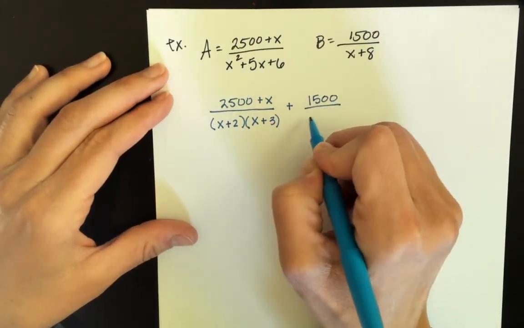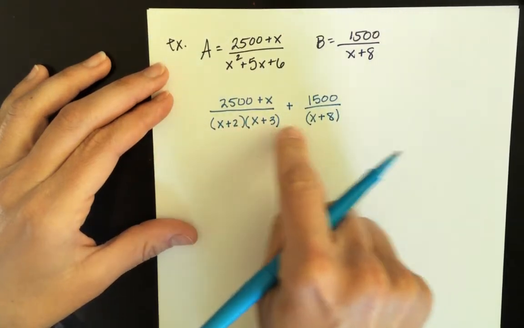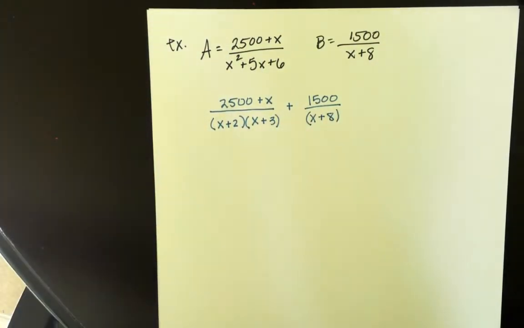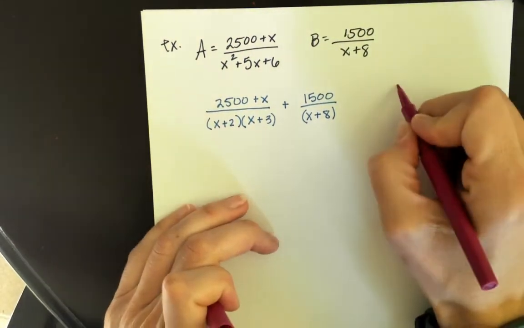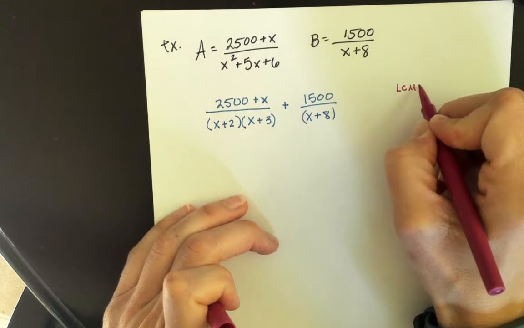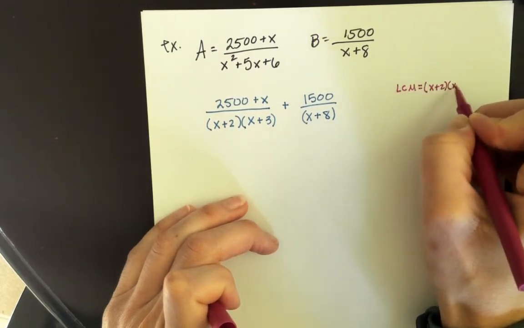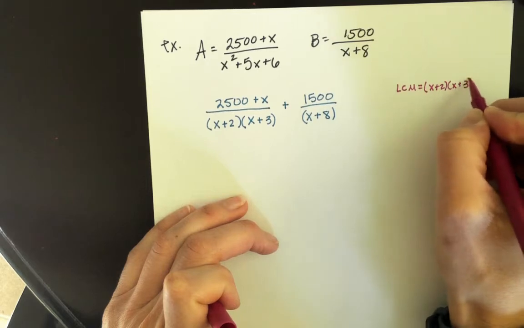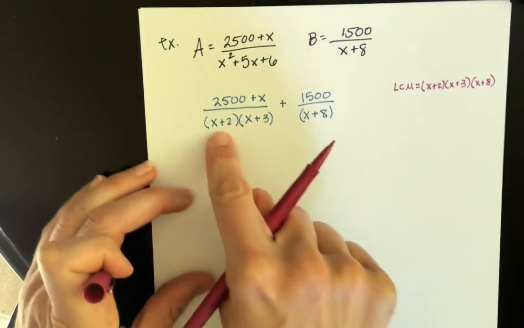And in this case, I need one of everything everywhere. So this equation already has, because my LCM is the x plus 2, the x plus 3, and the x plus 8. There's nothing in common anywhere, so we need one of each of them.